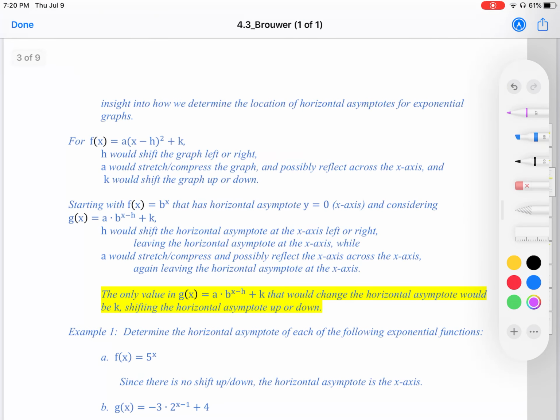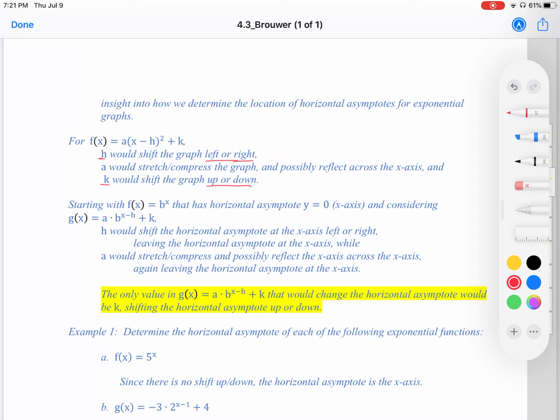All right, insight into how we determine the location of a horizontal asymptote for exponential graphs. For f of x equals a times (x minus h) squared plus k, h would be the shift left or right, a would be the stretch or compression of the graph and possibly a reflection across the x-axis, and k would shift the graph up or down.